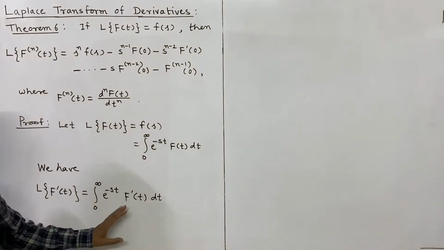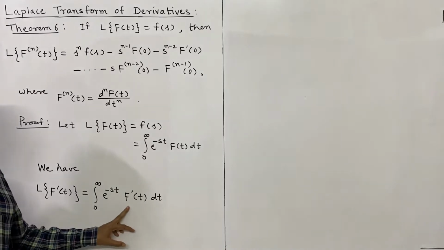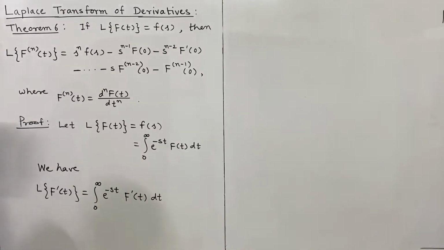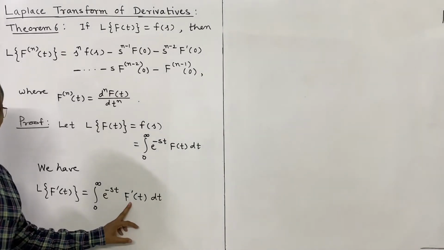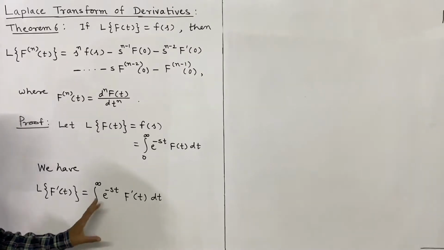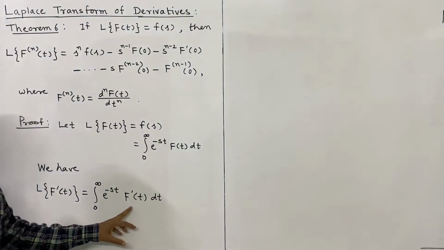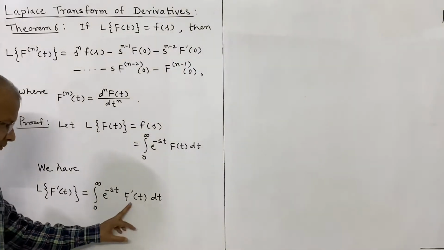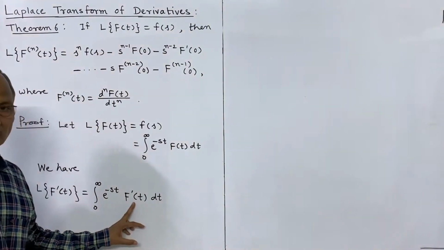Now this integral is a product of these two functions and we shall evaluate this by parts. And while evaluating it by parts, second function we take this as same f dash of t. So usually according to the rule LIATE exponential should be the second, but here we shall keep this as the second function because it is the derivative of f and we want to integrate the second function in the rule of integration by parts.